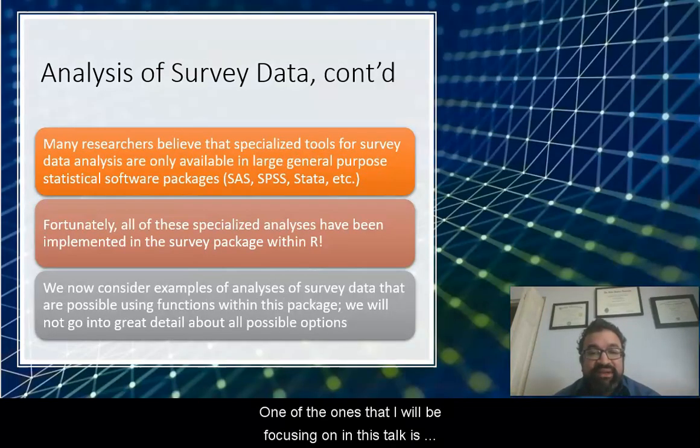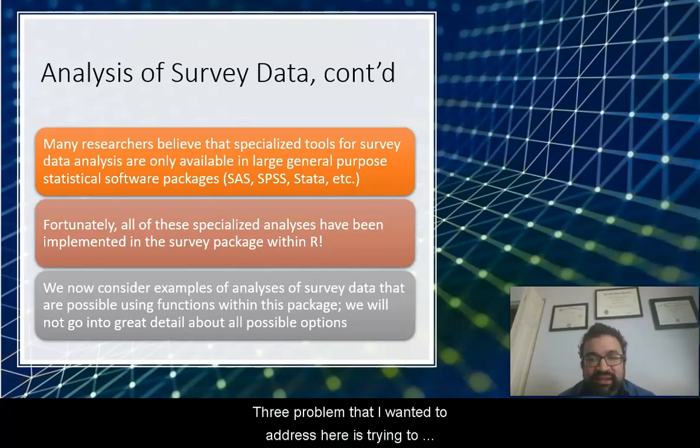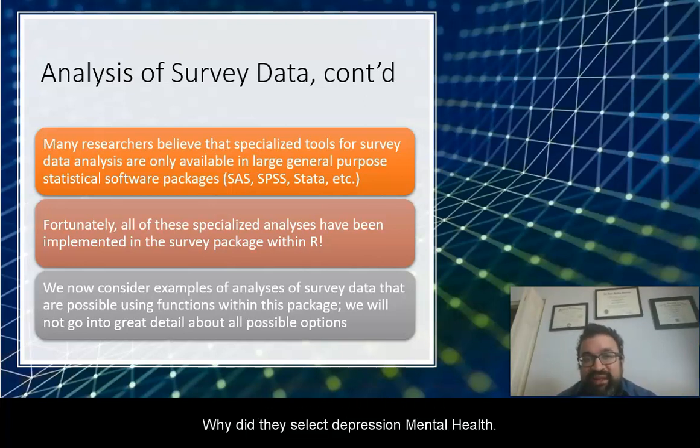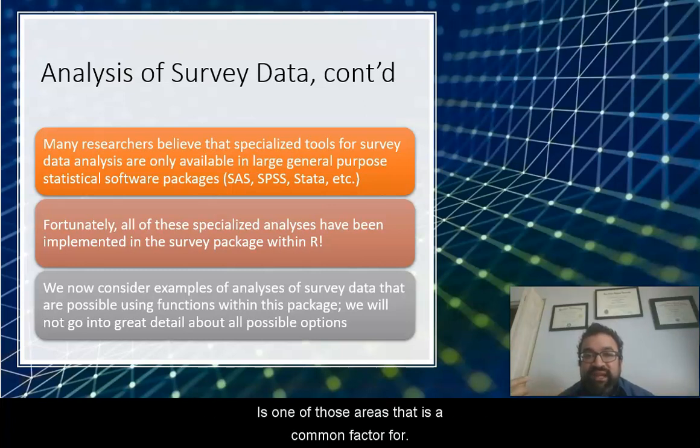One of the ones that I will be focusing on in this talk is the National Health and Nutrition Examination Survey. The specific problem that I wanted to address here is trying to understand depression. Why did I select depression? Mental health is one of those areas that is a common factor for certain social problems.